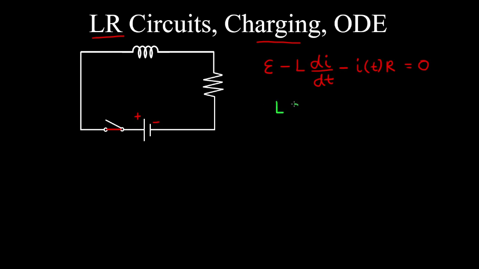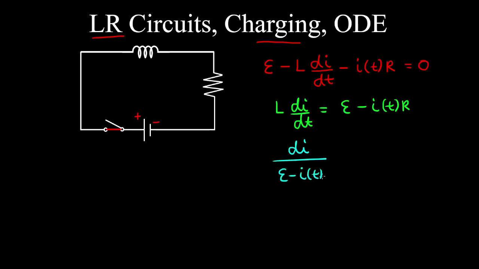So we can take the derivative on one side, that's equal to epsilon minus IR. And then separating the variables, we get dI over epsilon minus IR is equal to 1 over L dt.